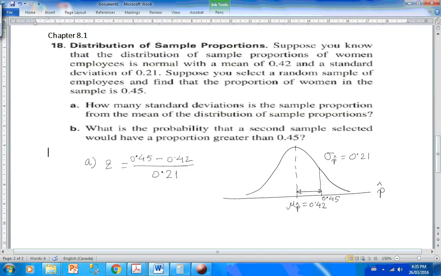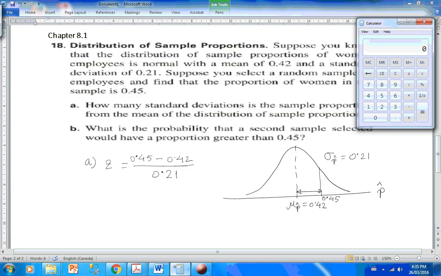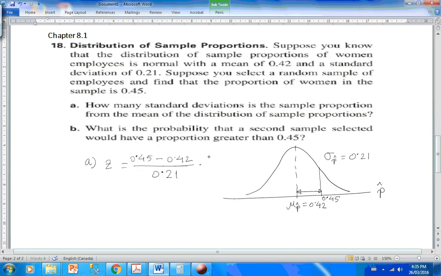So if I use my calculator, 0.45 minus 0.42 gives me 0.03, and I divide that by 0.21 to get my z-value.